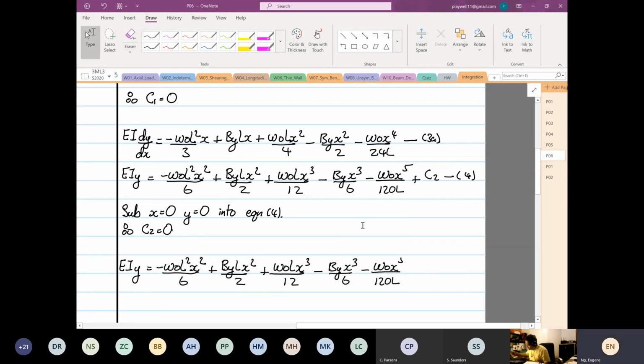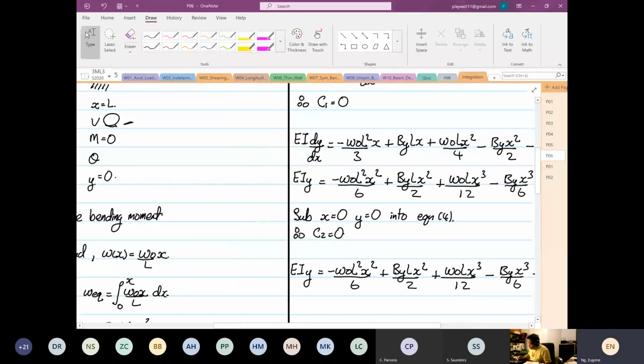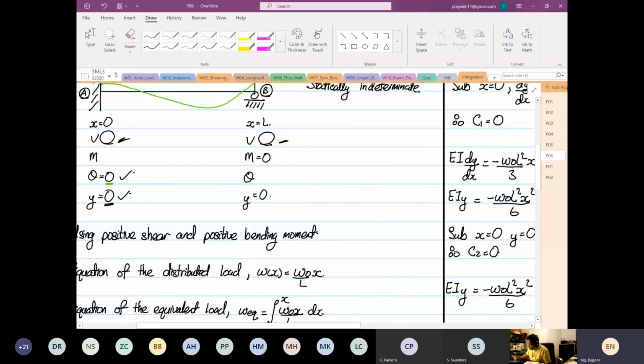Right. So this is our equation number 4a. We have one more boundary condition, right? One more boundary condition is when x is equal to L, y is equal to 0. When we substitute into the equation, hopefully we can find what is By.